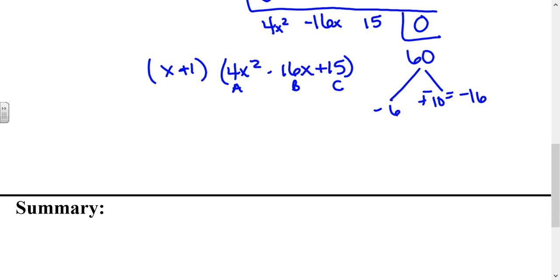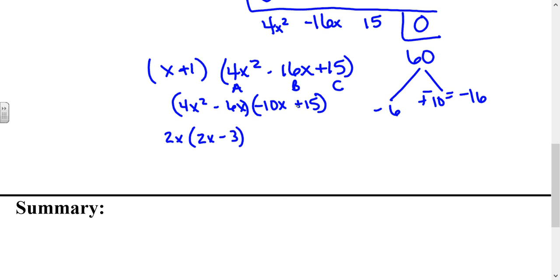I have to do the AC method. So I would have 4x squared minus 6x minus 10x plus 15. Then I would factor by grouping. The greatest common factor here would be 2x, and then I would have left over 2x minus 3.